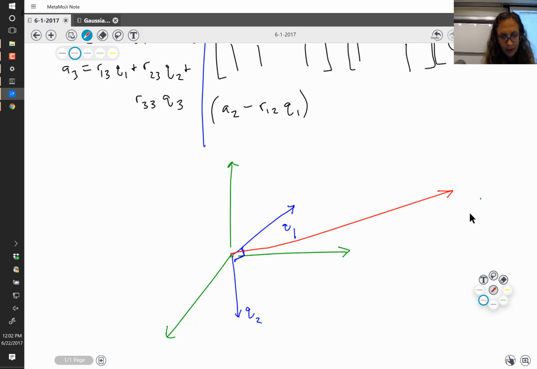Maybe A3 is actually off in this direction. We project it onto Q1, and in this case that is also going to have to be extended out to be the appropriate distance. So we subtract that off, and then what do we want to do next?